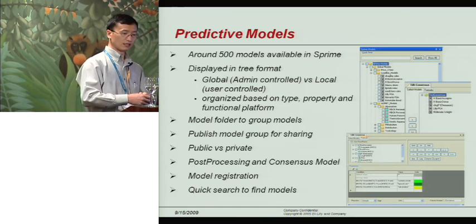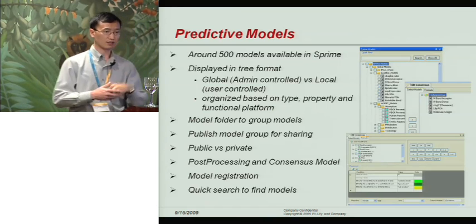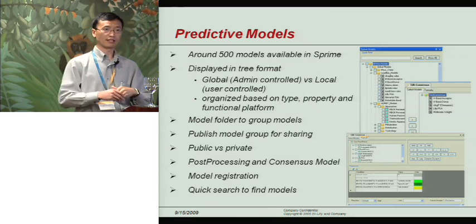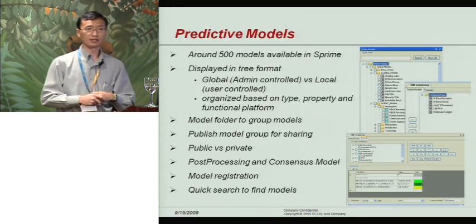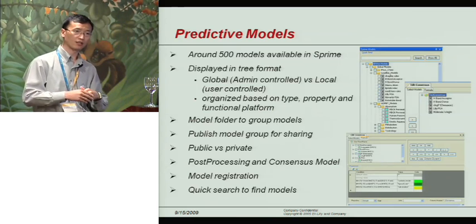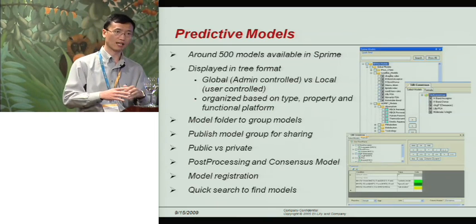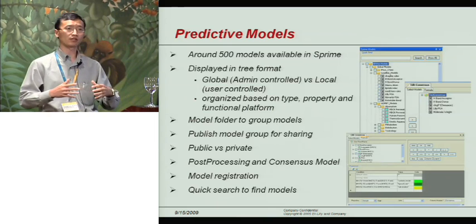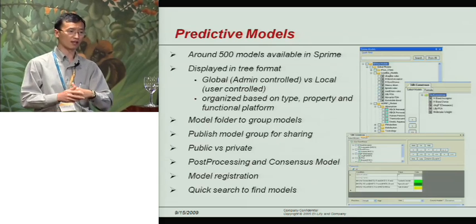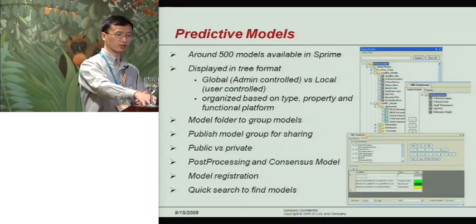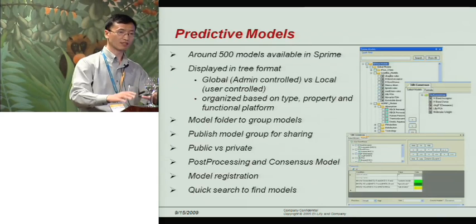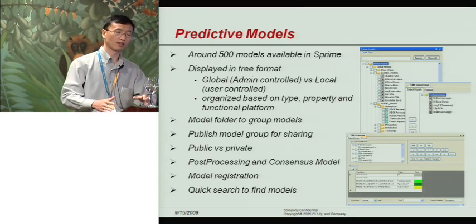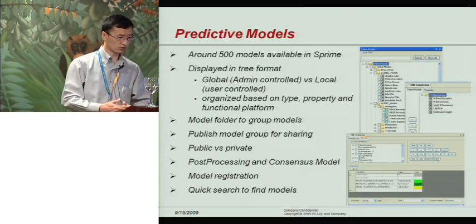And another one is a consensus model. If you use multiple models, like when you deal with metabolism, we have a human model, a mouse, a rat, a monkey. So sometimes you want to get some consensus between different models. So this engine can be used to define that kind of consensus. And when you run this model, it automatically generates a consensus for you.